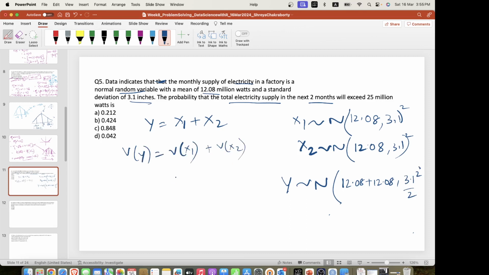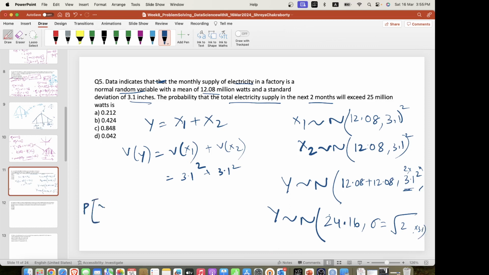So this would be 3.1 square plus 3.1 square, which is 2 into 3.1 square. Alright, so Y would follow a normal with mean 24.16, and sigma would be root 2 into 3.1.